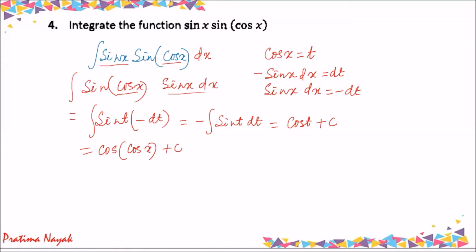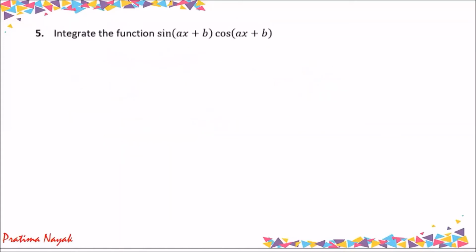So I'm going to the next question. Integrate the function sine(ax + b) into cos(ax + b). In trigonometry, one question can be done by many methods. I'm doing one method; this is not the final.